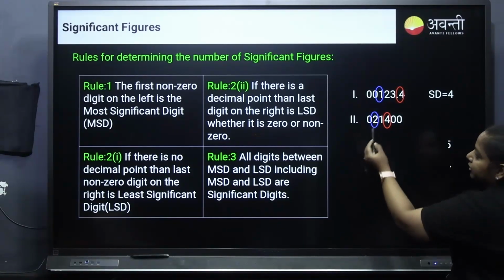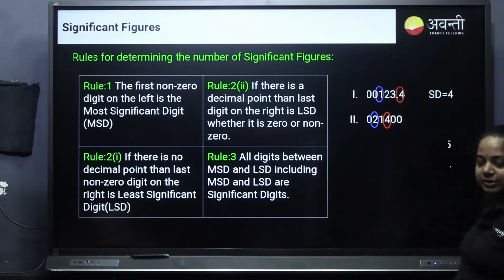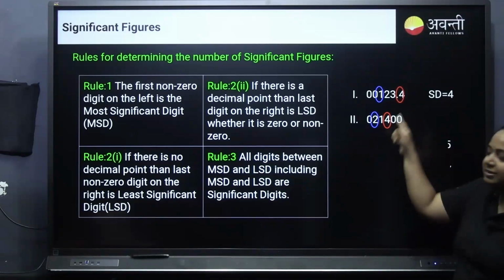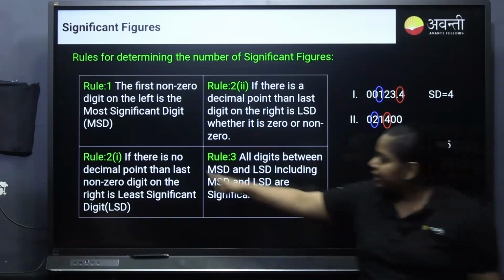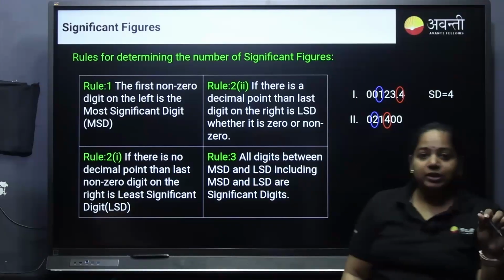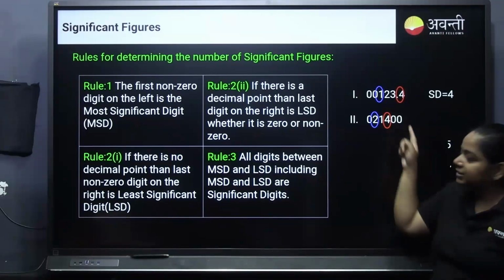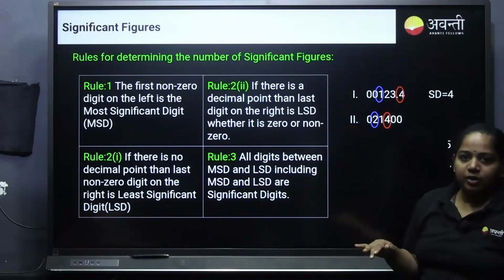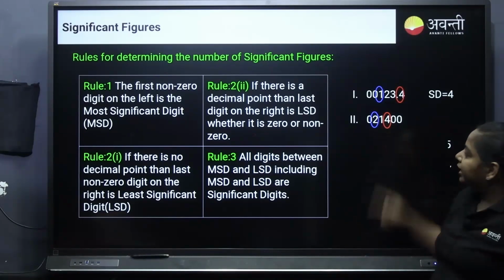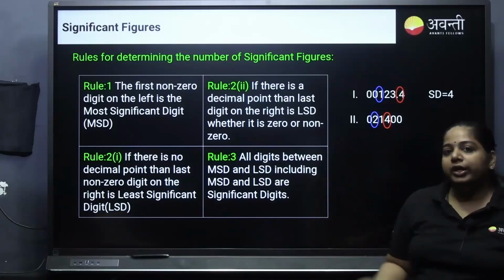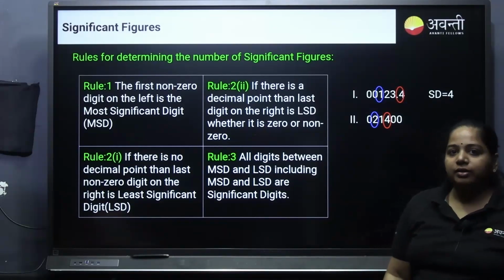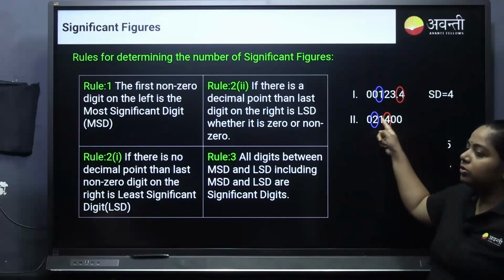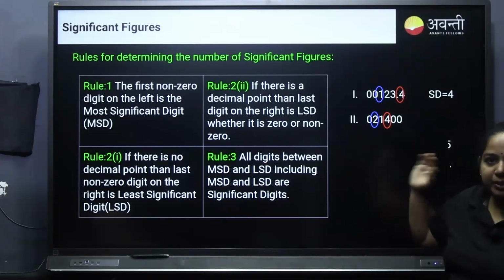In the next one, the first 0 again we won't consider. But what about the last zeros? If there is no decimal point, these last zeros we won't consider, because we can simply write it as 2.14 into 10 to the power 4, right? So here also the significant digits will be 3.